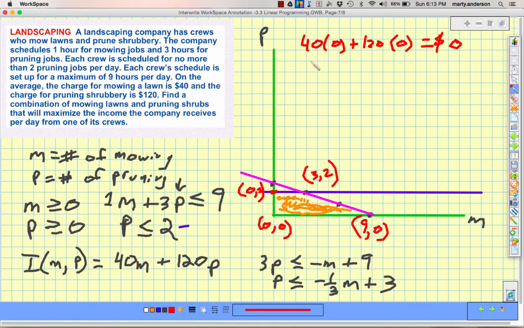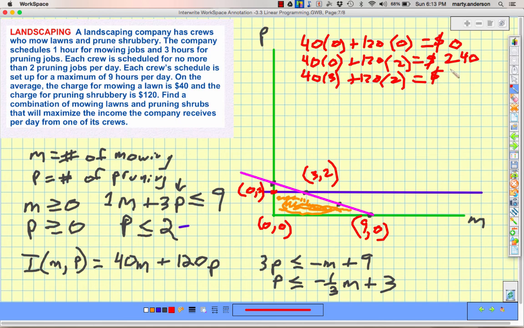Next one, 0, 2, $40 times no jobs, but I'm going to do 2 pruning jobs a day, and each crew could make $240. 3, 2, I'm going to do $40 3 times and $120 2 times, and that's going to be $360. And then I'm going to do 9 mowing jobs and no pruning jobs, and that's also going to be $360.